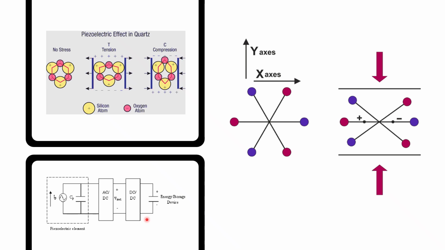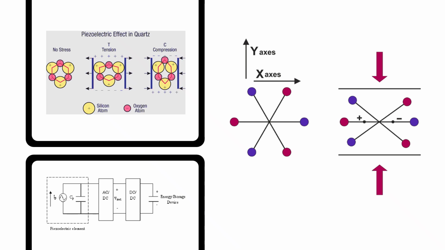The conditioning circuit usually involves a rectifier with a small DC-DC converter and an energy storage device, usually a supercapacitor, where we can use it. This is how we implement piezo energy harvesting systems.